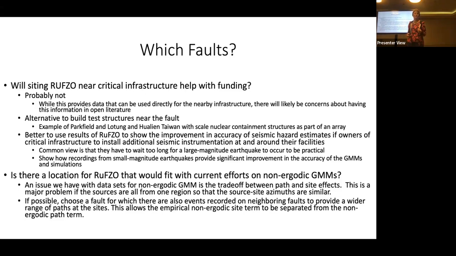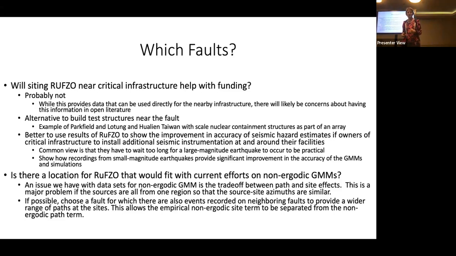And so instead, Norm's suggested alternative is that people could build test structures, scale models of things near these faults, and use those to gain information that would be equivalent but less controversial.